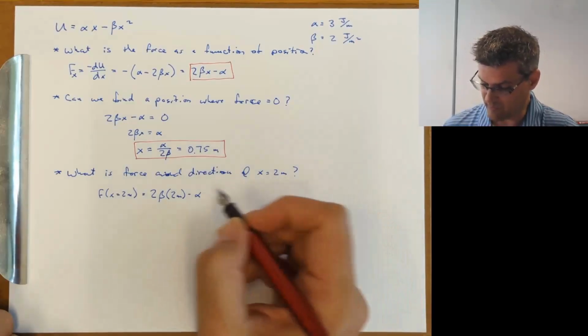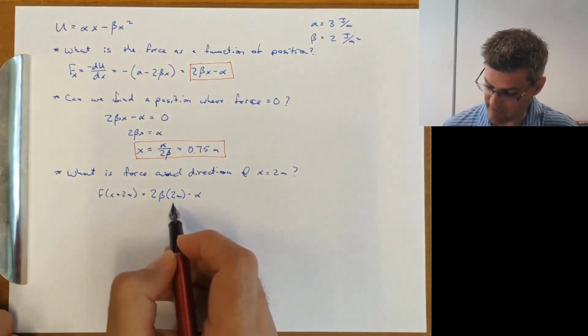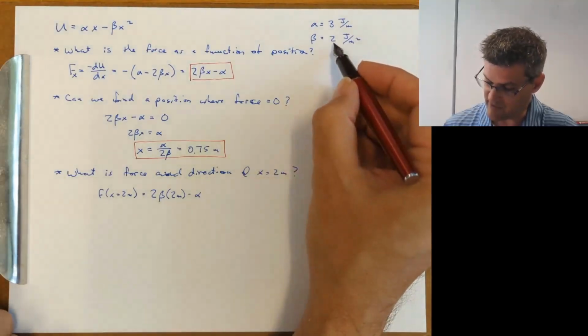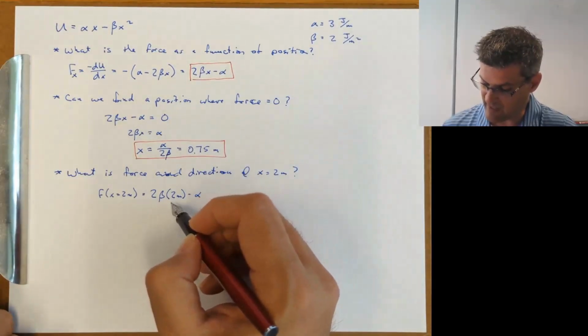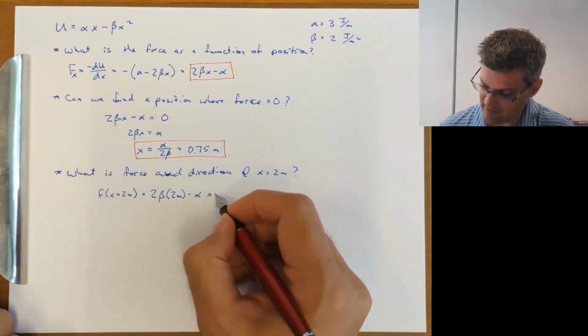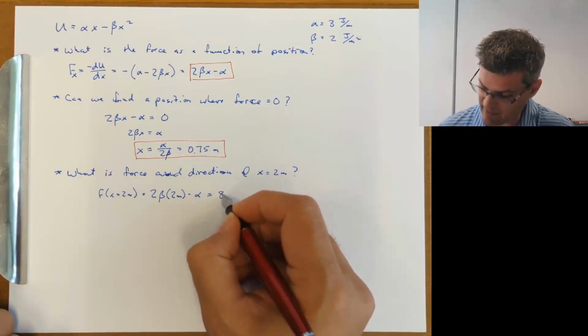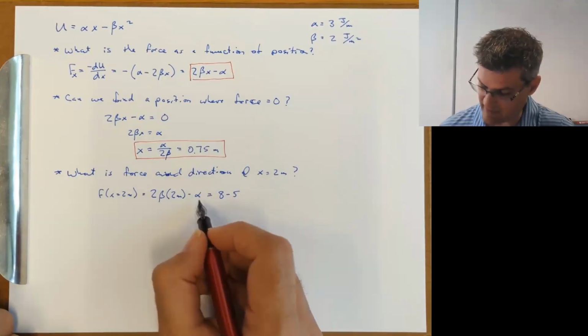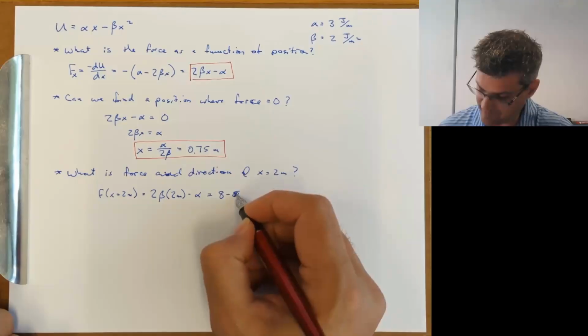Now we can put this in here, and we know a lot of these things. 2 beta is 2 times 2, this is 4, times 2 is 8, alpha is 3, so this is going to be 8 minus 3.